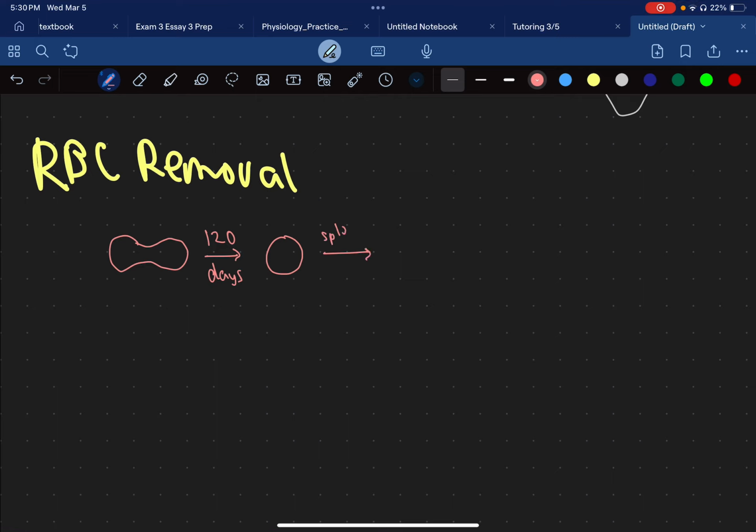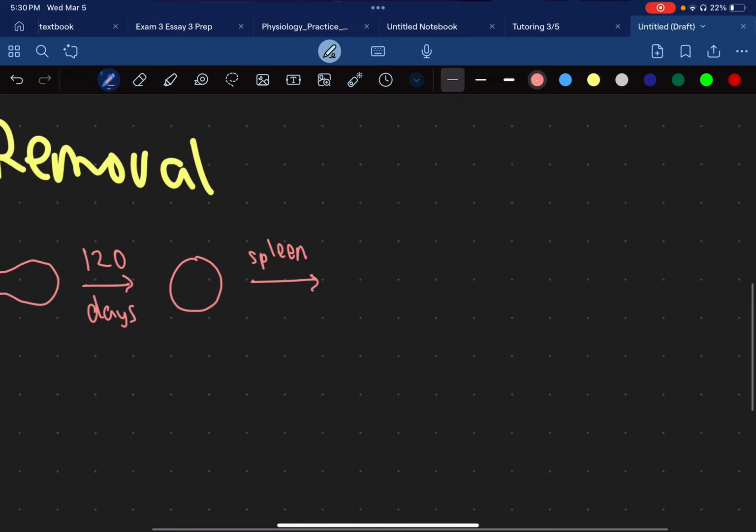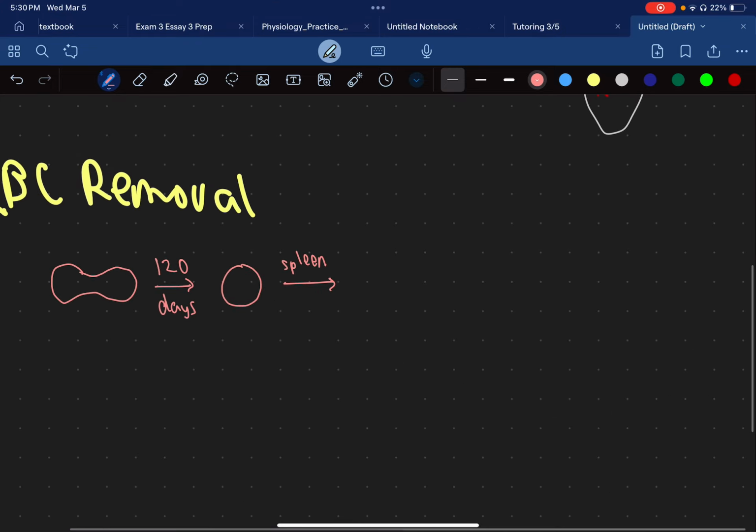It could be the spleen, for example. It could be the bone marrow. It could be a number of places. Let's just say the spleen for here. And it's going to be broken down into a couple different things.